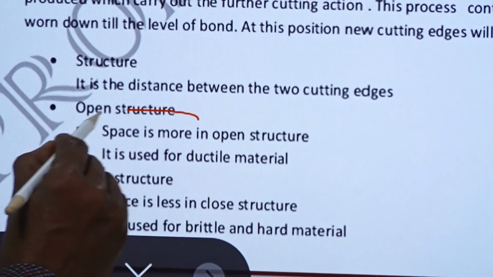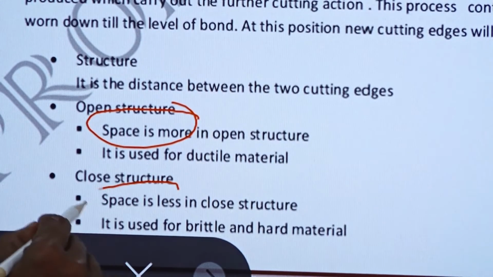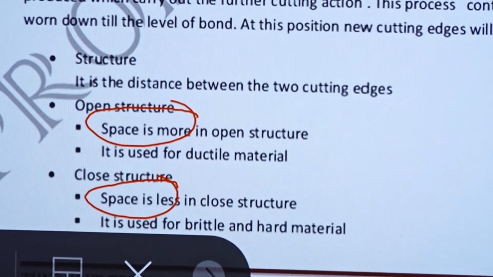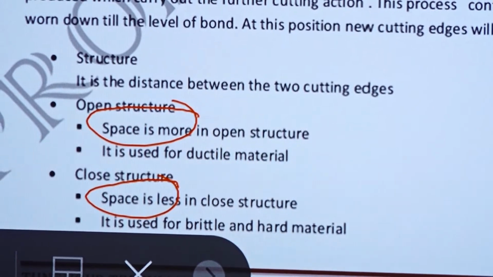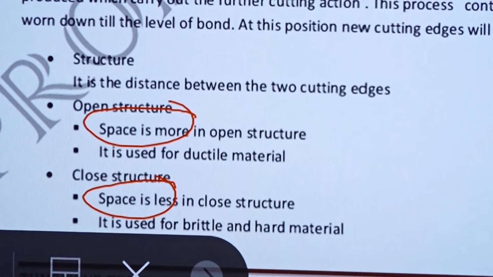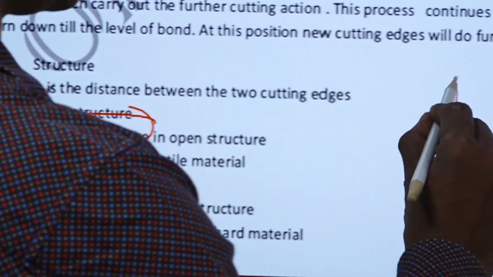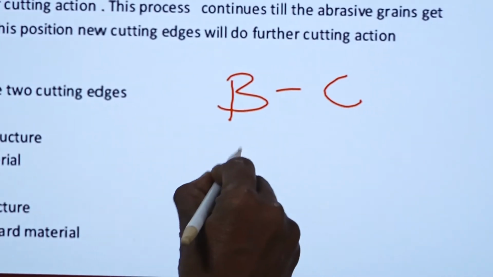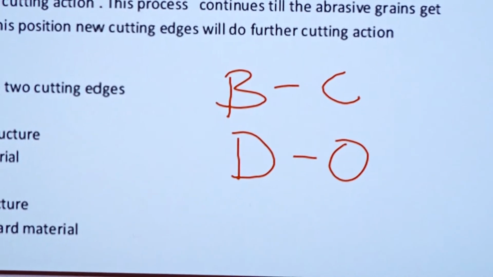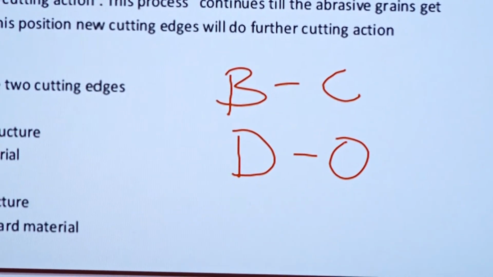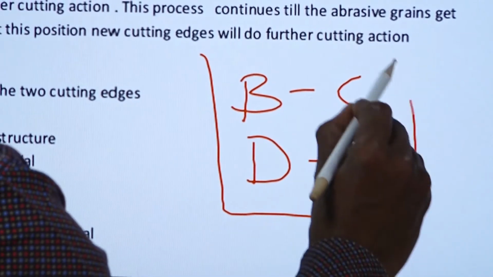In open structure the space is more, in closed structure the space is less. Open structure is used for ductile material, and closed structure is used for brittle material. You can easily remember it like this.